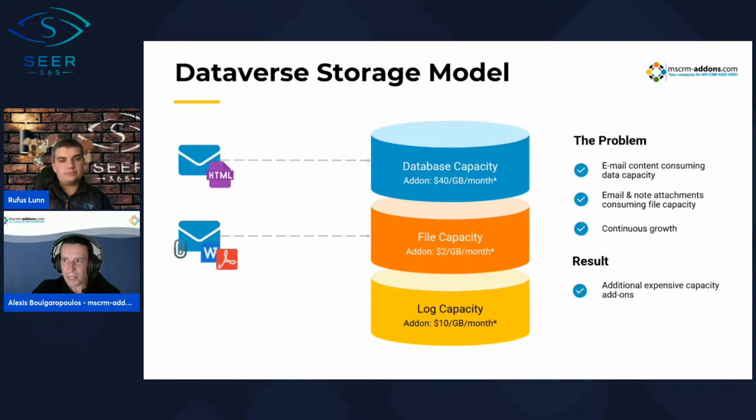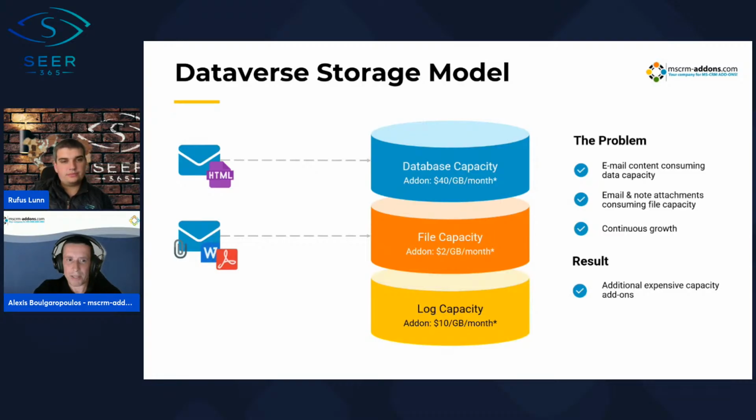We have the database capacity, and that's where your email content sits in the activity pointer base, and if you exceed the limit, you pay about $40 per gig per month. Then we have the file capacity, where all the attachments and notes are stored, and when you reach that limit, it costs you about $2 per gig per month.